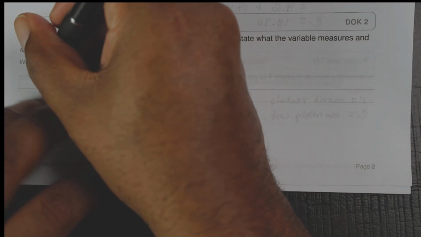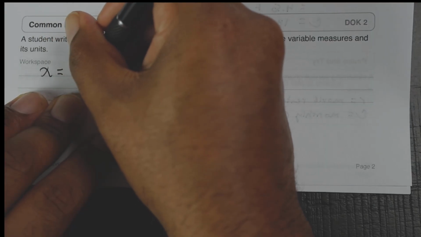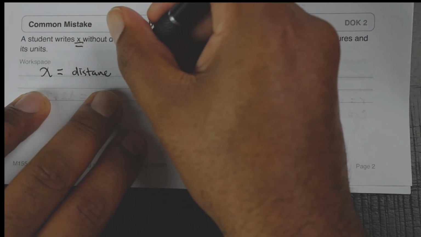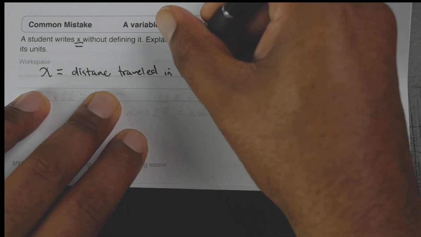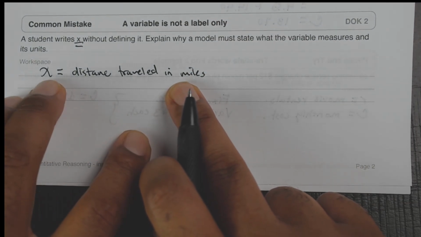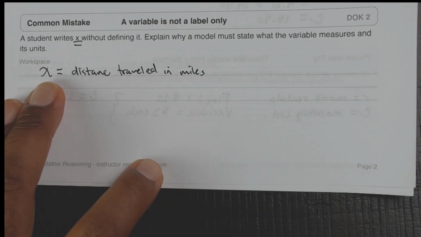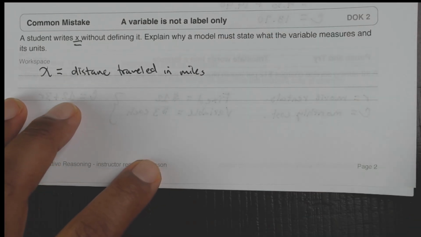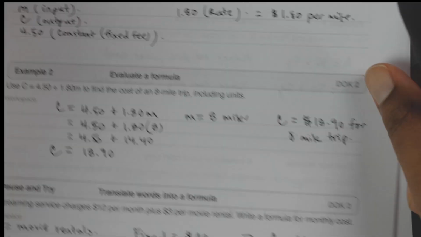For example, X equaling the distance traveled in miles, that's meaningful. Now the X has meaning, but simply writing X as nothing, that's not good enough. We have to clarify what we mean by our variables.